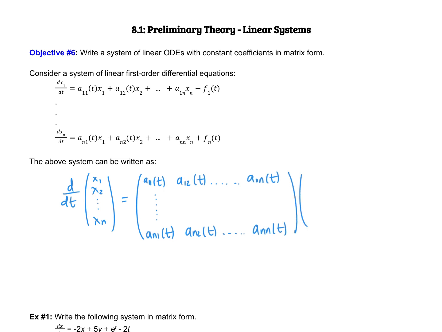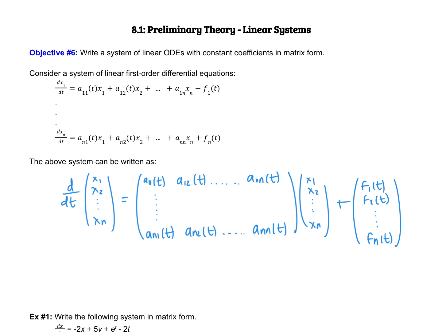And those are the coefficients on x1, x2, all the way down to xn. So when we multiply these two, we get this part of the equation, and this part of the equation, and everything in between, obviously. And then we are going to have to add those n functions, the f1 of t, f2 of t, all the way down to fn of t.